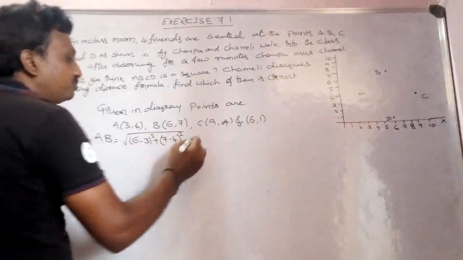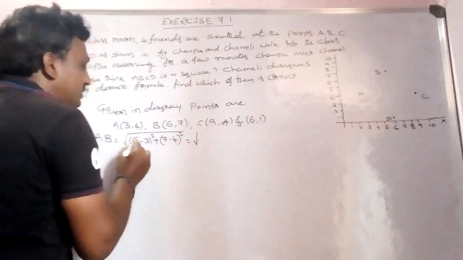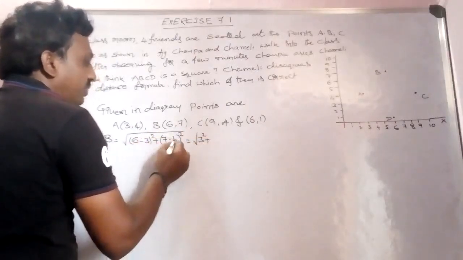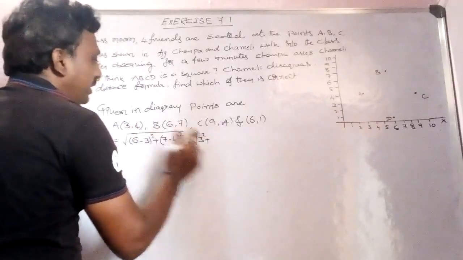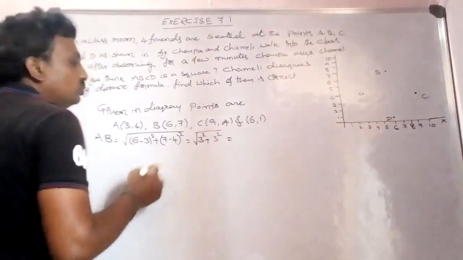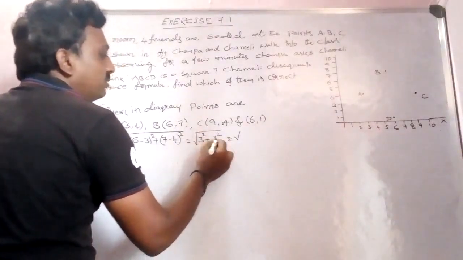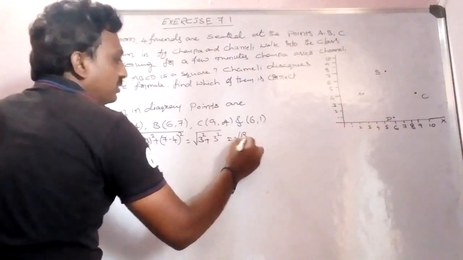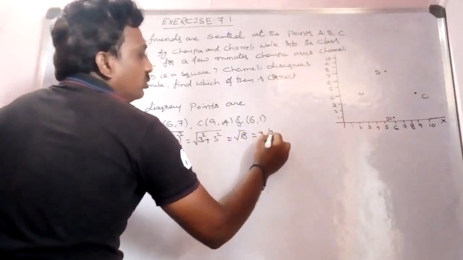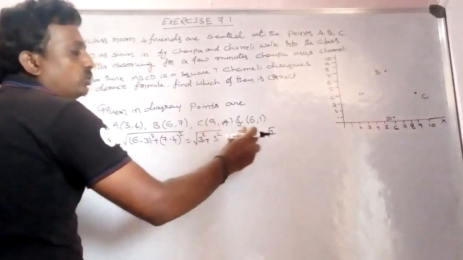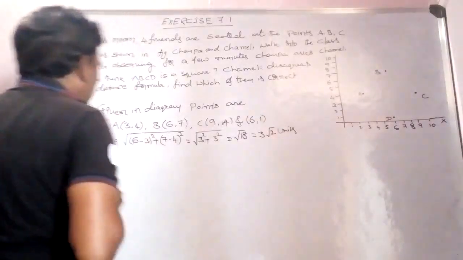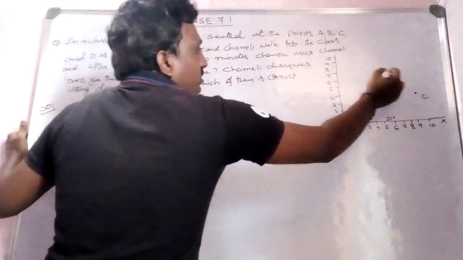That equals square root of 3 square plus 3 square, that equals square root of 9 plus 9, 18. So 18 we can write as 3 root 2, since 9 times 2 is 18 and square root of 9 is 3. So AB is 3 root 2 units. AB finished. Now BC.